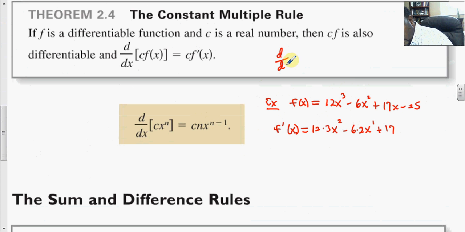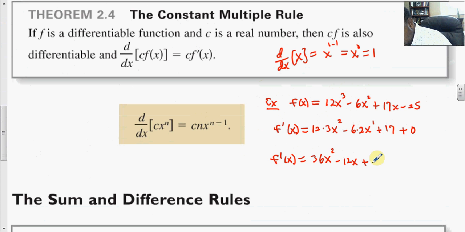The derivative with respect to x of x is equal to, think about it, x to the 1 minus 1, x to the 0, we get 1. Then the derivative of a constant is 0, and we can clean that up and just write this as 36x squared minus 12x plus 17.